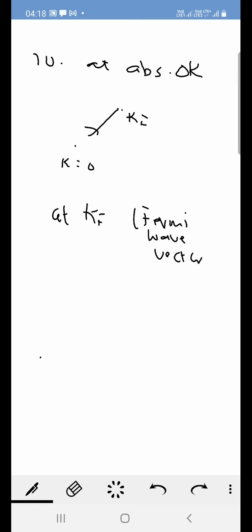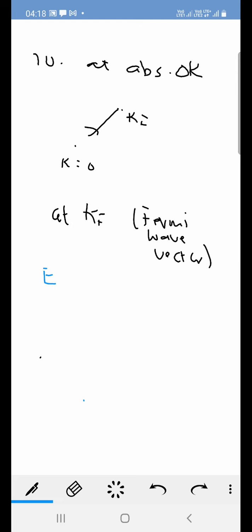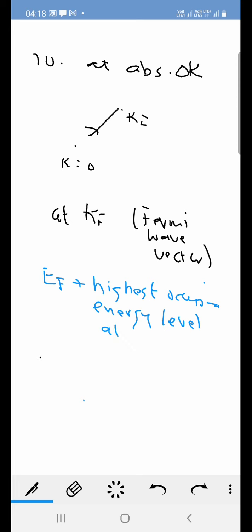Fermi level is the highest occupied energy level at absolute zero. So E_F is the highest occupied energy level at 0 K, and corresponding to that we have k_F.